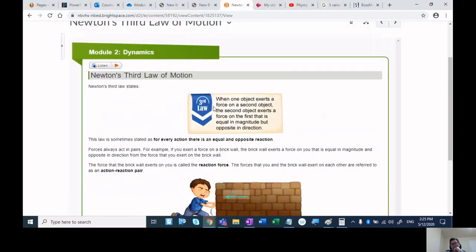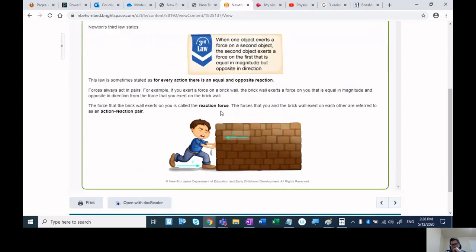Let's read it. When one object exerts a force on a second object, the second object exerts a force on the first object that is equal in magnitude but opposite in direction.